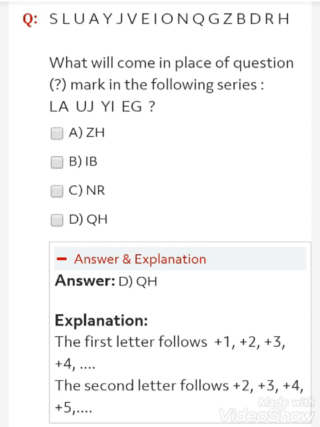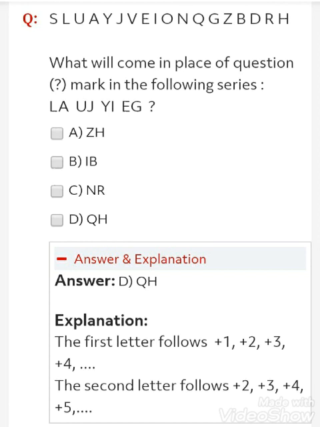Now there is a sequence, you have to decode the sequence, then you will get what will come at the place of the question mark. The options are ZH, IB, NR, QH. Now the answer and explanation is QH is the answer.